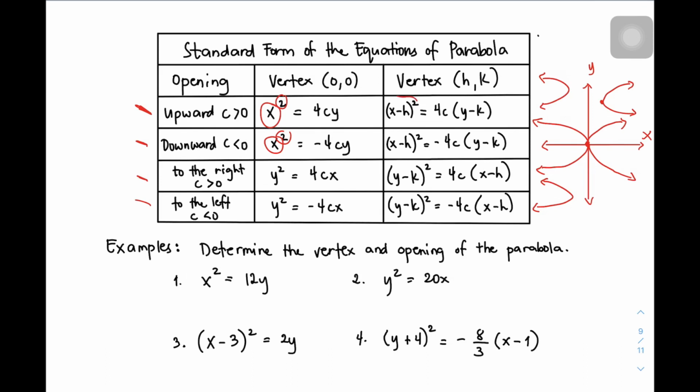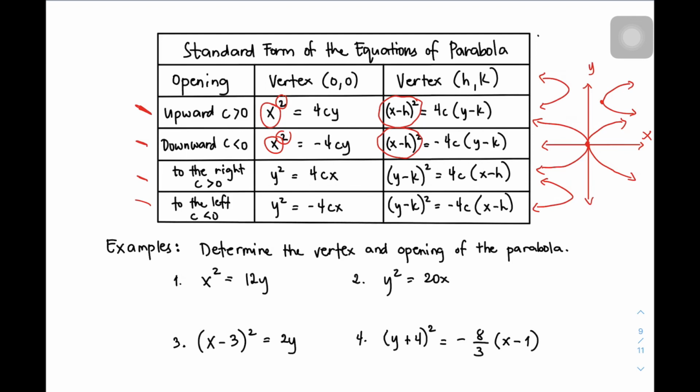E dito naman, pansin ninyo rin to, yung x variable ang mayroong square. So, it's only a matter of negative 4c or positive 4c. Kasi kapag negative yung 4c mo, automatic, downward na yon. Pero kapag positive yung 4c mo, that is upward. So, ganun lang. If yung x variable ay merong square, automatic, that is upward or downward.